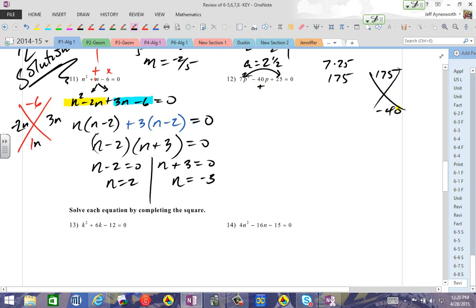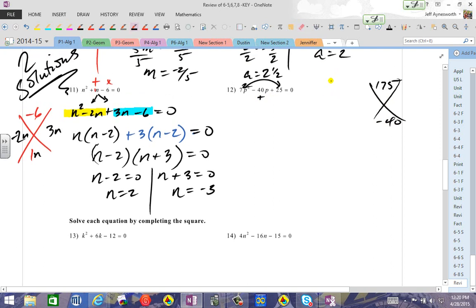The 175 came from 7 times 25. But if I factor 25, I get 7 times 5 times 5. So reordering, I can rewrite this as 5 times 35. 5 times 35 is 175, so those are my factors that I need. Now if I make them both negative, negative 5 times negative 35 gives me positive 175, and if you add them, you get negative 40.